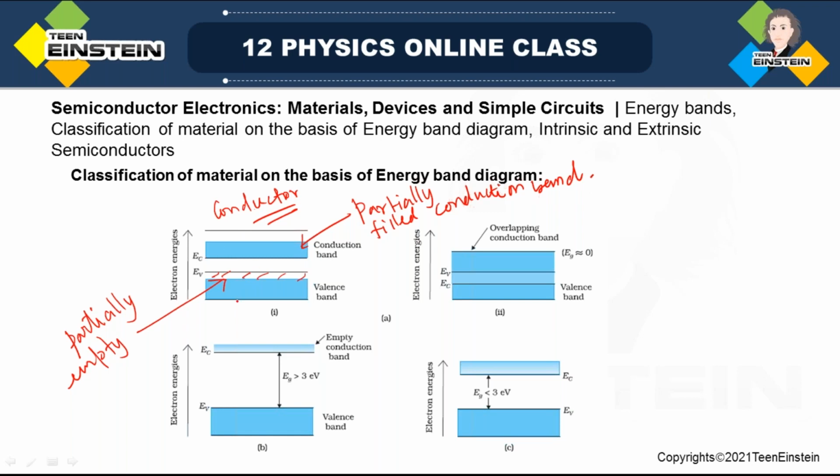When any material has this kind of energy band, partially filled conduction band and partially empty valence band, then in the valence band, electrons can go to this vacancy level, leaving a hole. That hole will move to the next level. Like that, holes also will be contributing to the conduction. And these electrons, you have three levels there, they can move around and contribute to the conduction process.